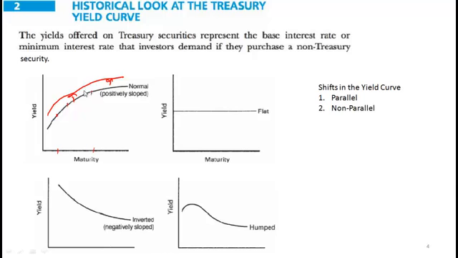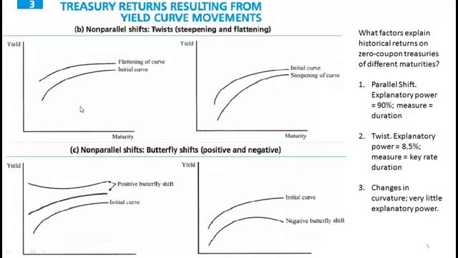In level 1, we were mostly concerned about parallel shifts. So if you hear that interest rates go up by 50 basis points, we were implicitly assuming that all interest rates across all maturities are going up by 50 basis points. So that's a parallel shift.